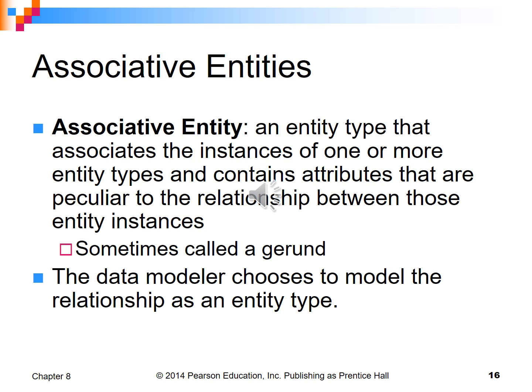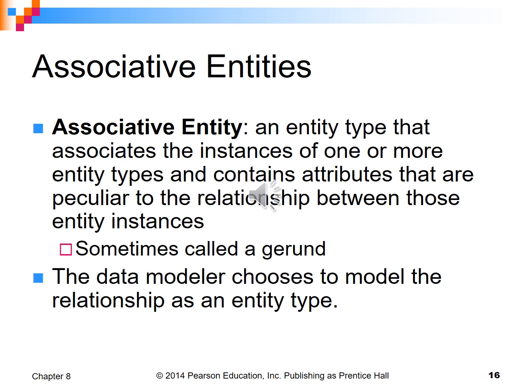Well, associative entity. Associative entity is a term used in relational and entity relationship theory. A relational database requires the implementation of a base relation or a base table to resolve many-to-many relationships. This means we have many-to-many relationships, but we need to create a third relation to fix that problem.